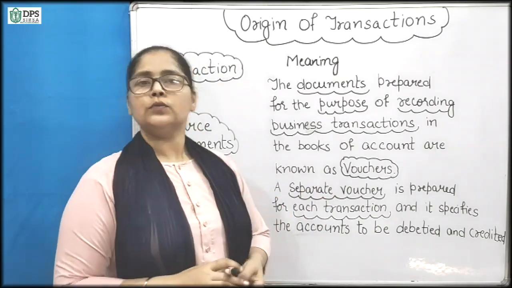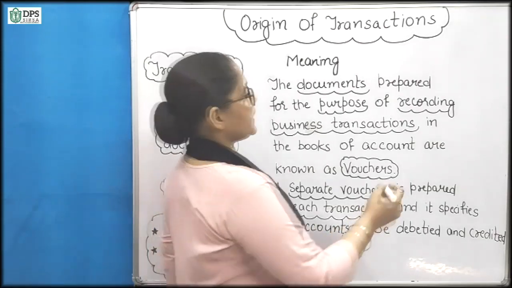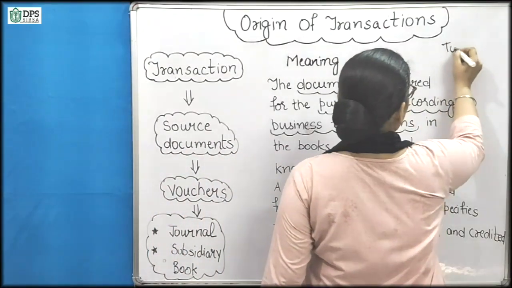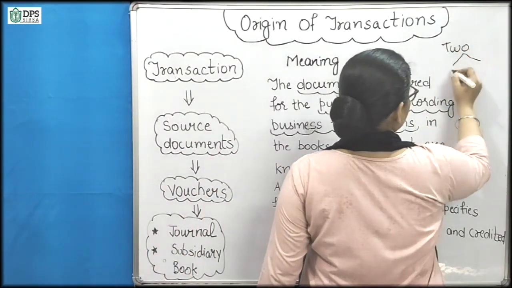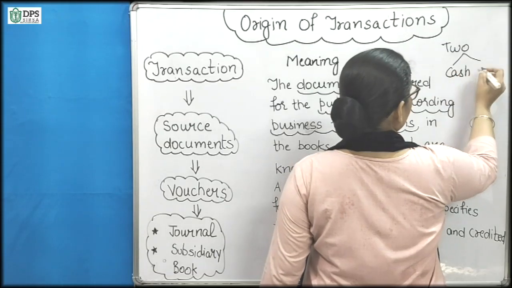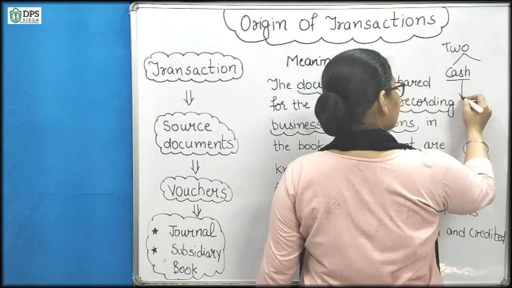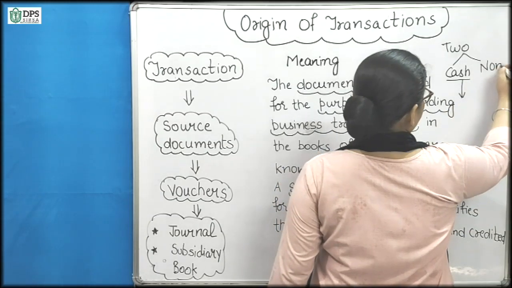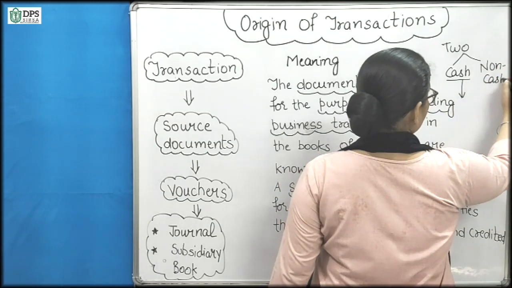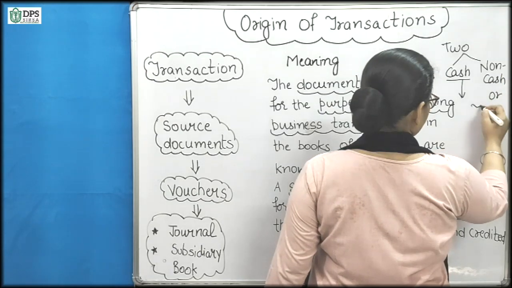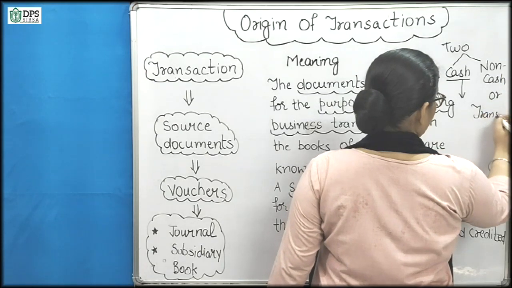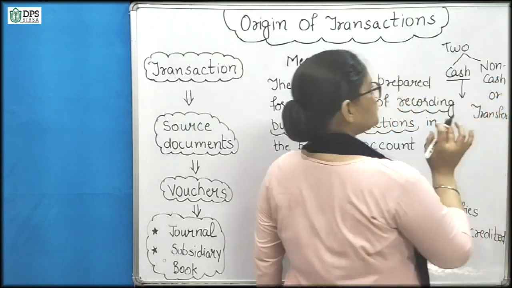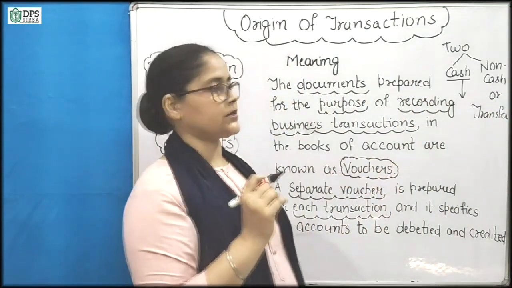There are two types of vouchers. First is the cash voucher, in which we write cash transactions, and the other is the non-cash voucher, or transfer voucher, in which you write non-cash transactions.